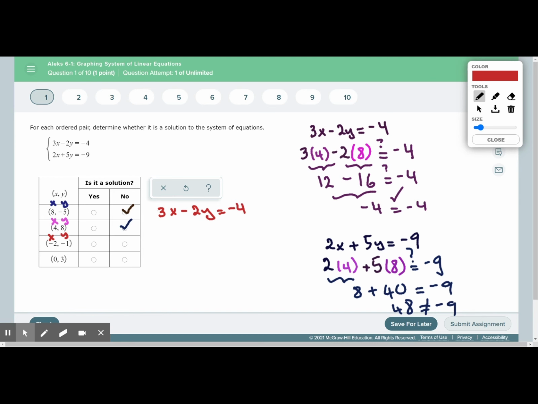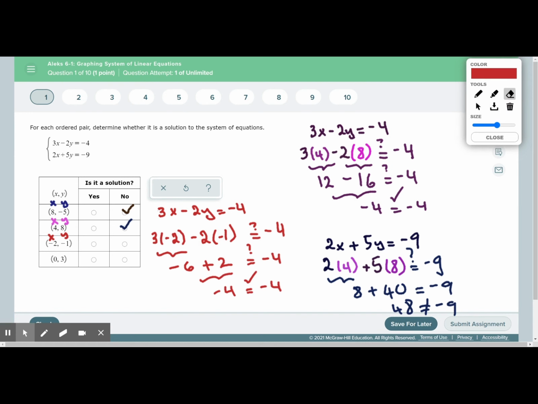We plug in x is -2, so 3 times -2 minus 2 times -1, is that equal to -4? 3 times -2 is -6, and -2 times -1 is +2. Is that equal to -4? The answer is yes. This is equal to -4. So they passed the first equation. We have to check the second equation.